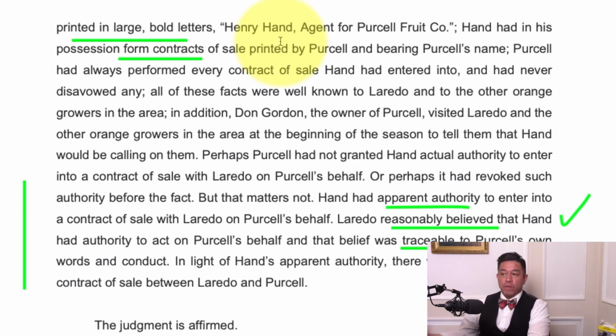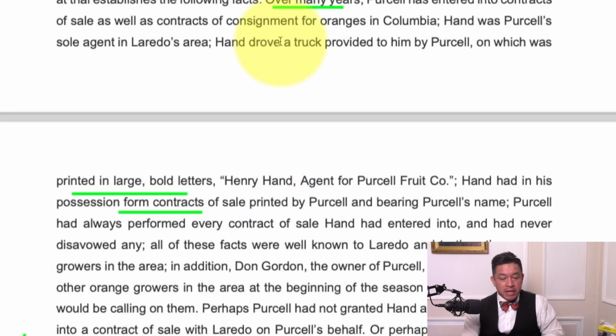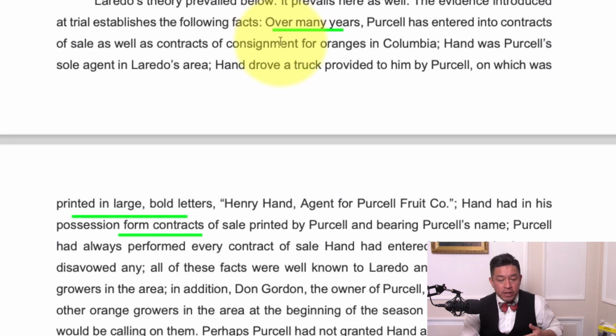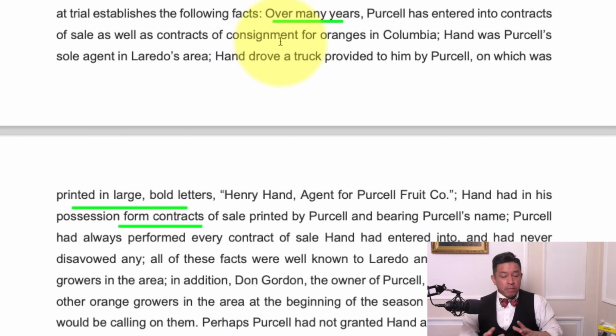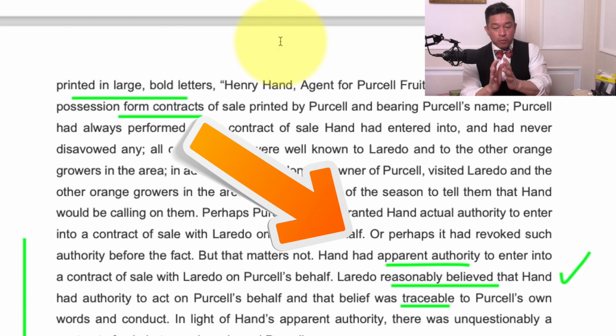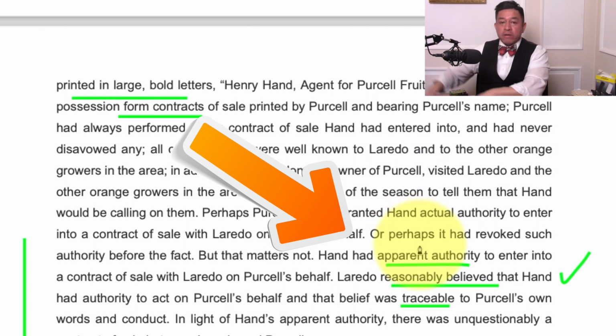The child was the agent. Now, that being the case, they do give you other rules. For example, they give you actual authority. If you're able to hone in on the key language of the case, you're able to focus on what's important. Here, the important issue was apparent authority and not so much actual authority. So that already saves time.